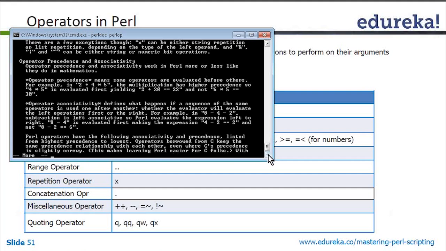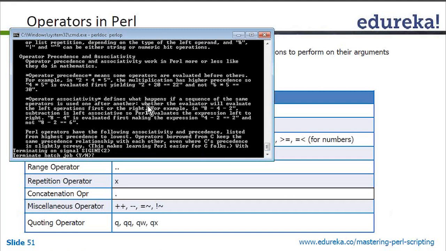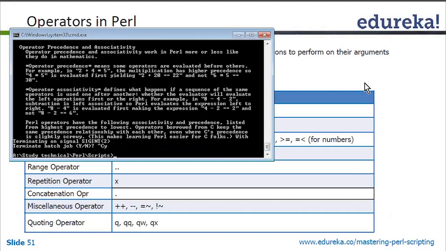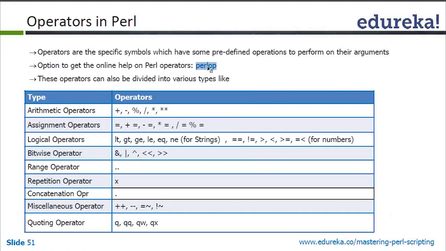People who have knowledge of C can easily understand Perl, because it is just an easier implementation of C. Whatever they are asking, like perlop or Perl operators, you can just do perldoc followed by the keyword, and you can see the specific meaning of the Perl operators.